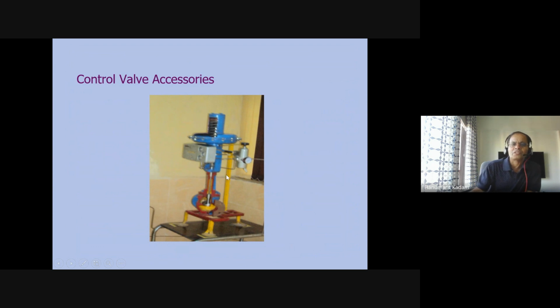In the cut portion you can see the plug and seat, this shining portion. This one is a plug and it is resting on the seat, and flow is controlled by the opening area between plug and seat. However, the stem, diaphragm, spring, and this is the positioner part, right?